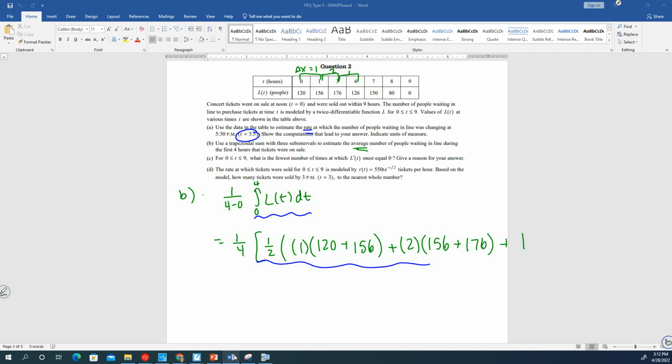Third trapezoid, 1. Okay. All of that gives me 155.25 people is the average.